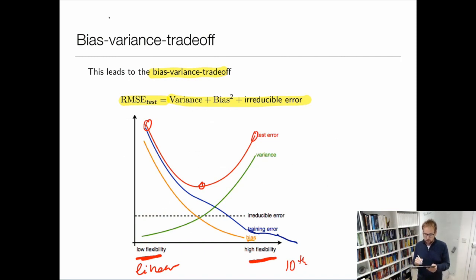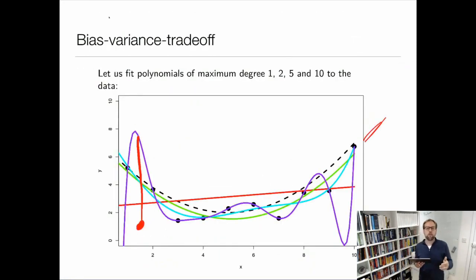The first one we discussed is the bias term, and the second one here is the variance term. And the variance is exactly what I mentioned earlier: how would my fit change if I had some new data? We saw that in this example, for the quadratic model, even if I sampled new data, I would roughly get the same fit.